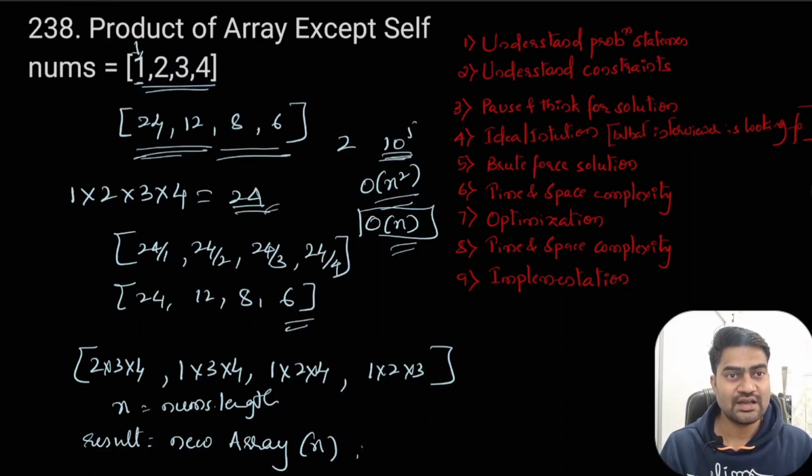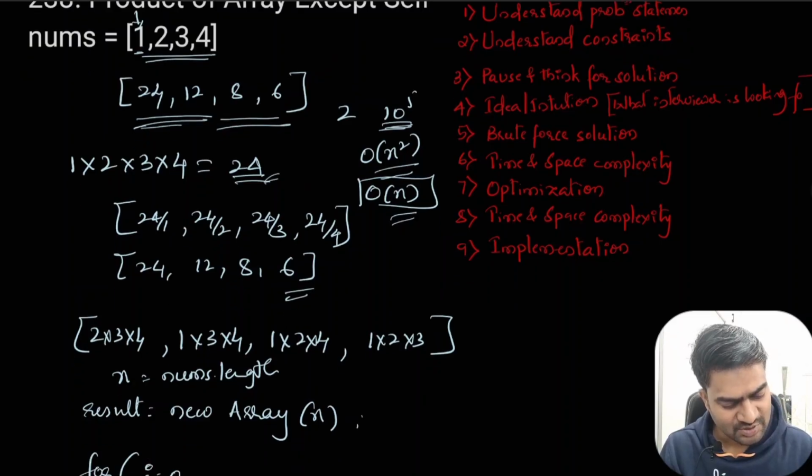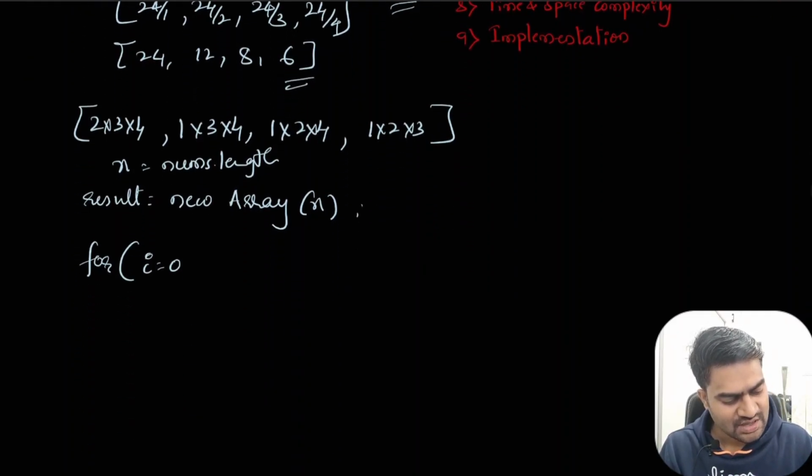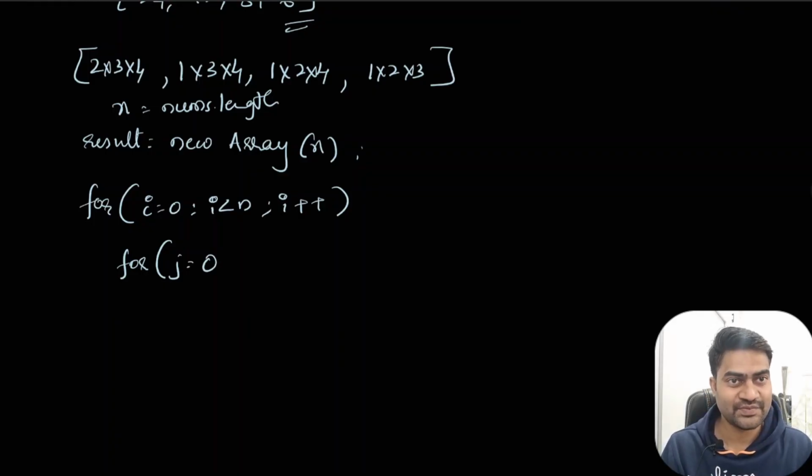One to stand at a particular index and look towards left and towards right. So that only I am trying to mimic. So i equal to 0, i less than n, i plus plus. Okay. Next, another loop will be for j equal to, again it starts from 0. Then j less than n, j plus plus.